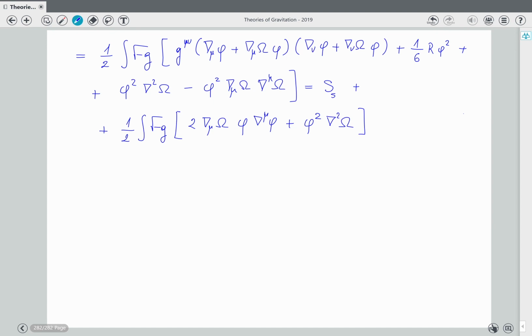And that is 0 after a partial integration, because if you move one derivative here, you get a minus, and you get a 2 phi del phi del omega, which cancels that. So up to a total derivative, this is invariant.